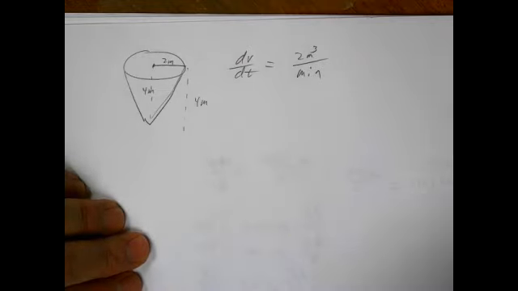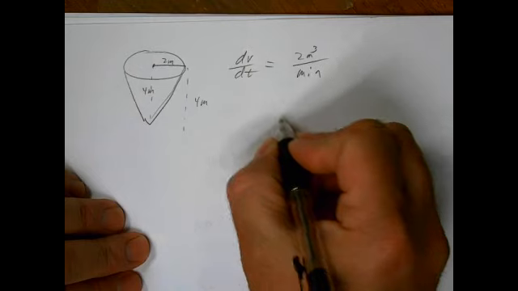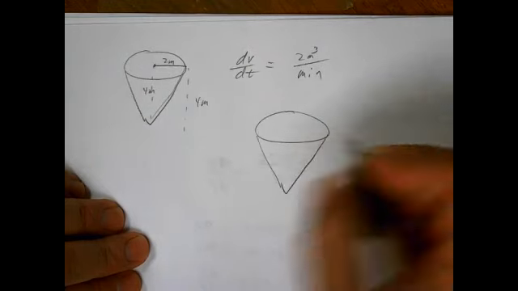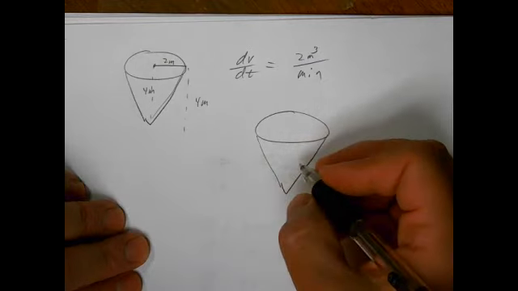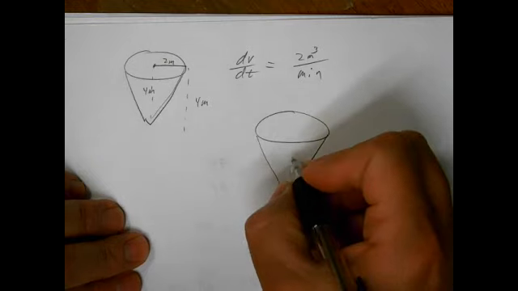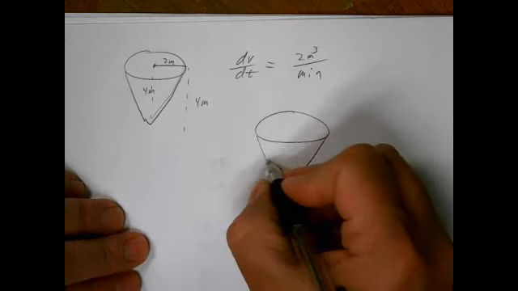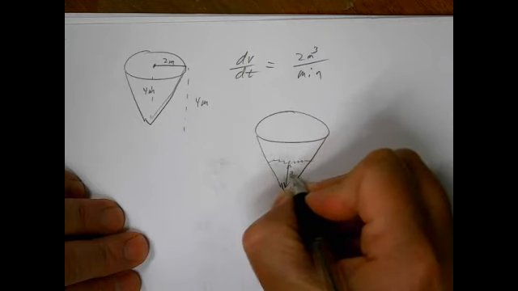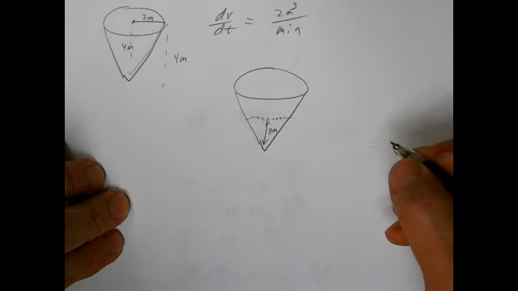So what that means, I'm going to redraw this thing. So here's your entire cone. At some point in time, the water is going to be down here at 3 meters deep. Right? At some point in time, that's going to happen.